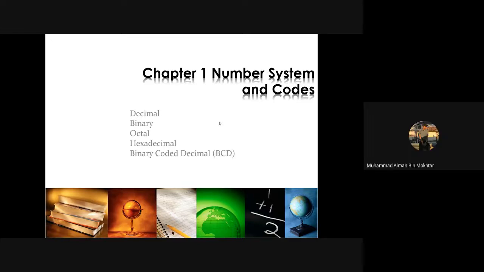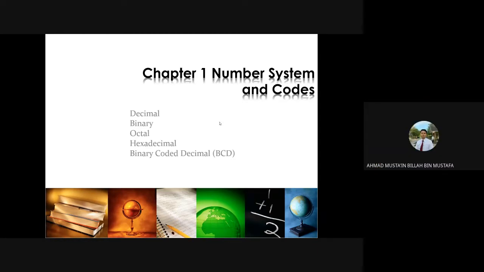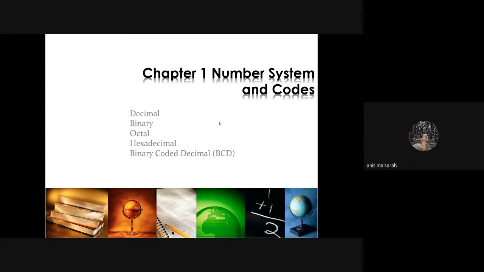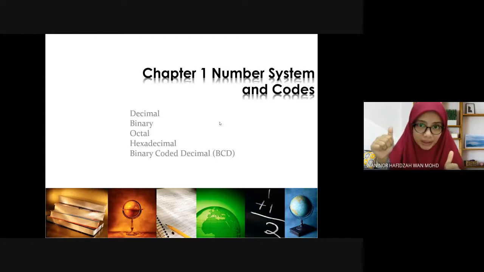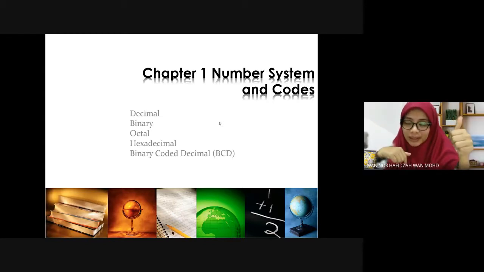For values, it goes from 0 to 9, and for the value of 10, it starts with A: A, B, C, D, E, F. So A represents 10, and F represents 15.